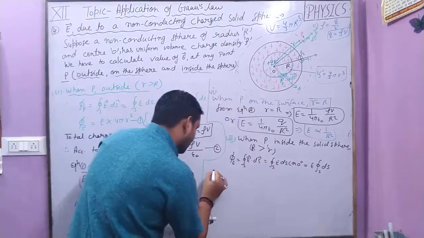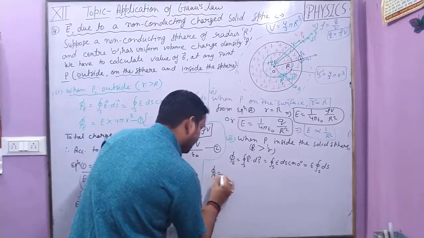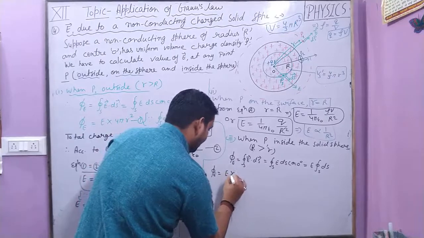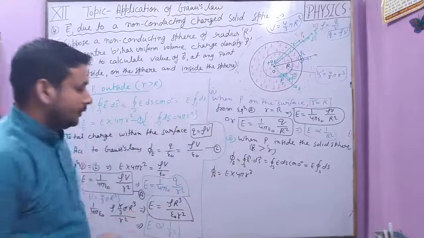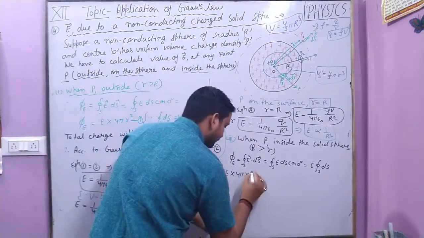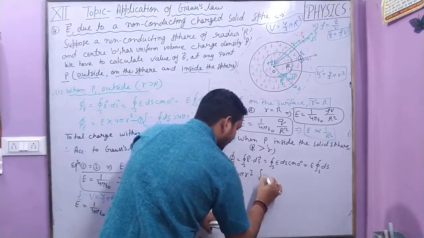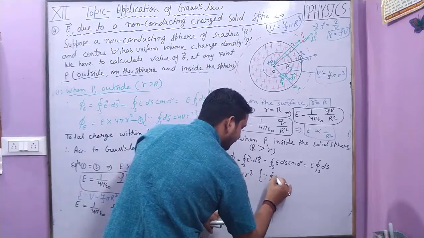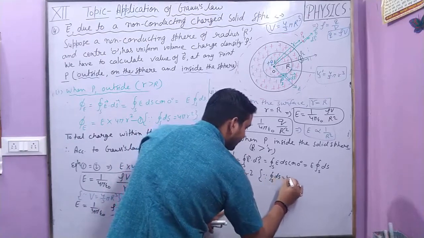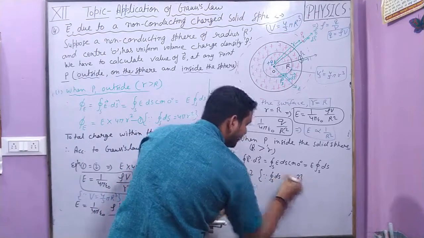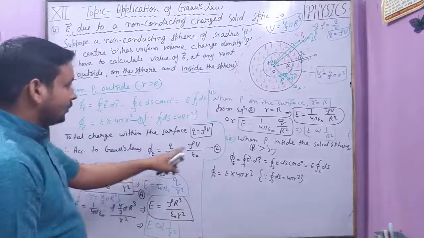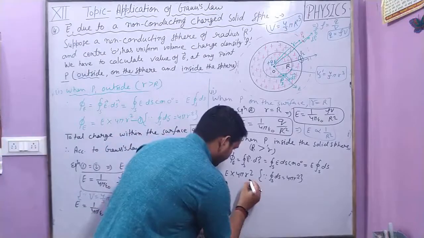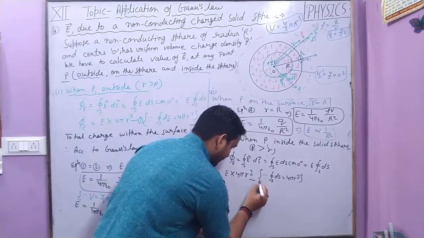Okay, this result you will calculate here, that E into 4 pi r square, where the closed integral of dS is equal to 4 pi r square, the surface area of the sphere. Here this is equation 2, and this will become equation 3.